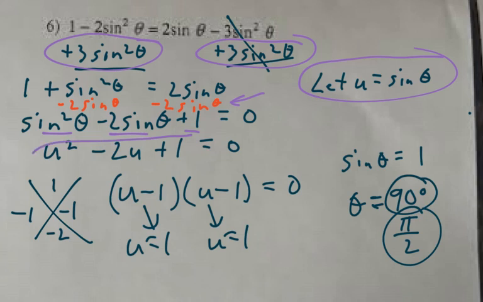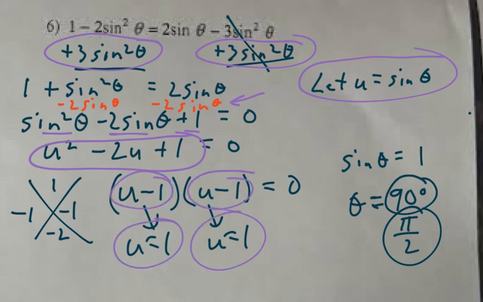That means I get u squared minus 2u plus 1. I factor it. I get a double root where u is 1. So where is sine, which was u, equal to 1? It only happens at pi over 2 or 90 degrees.